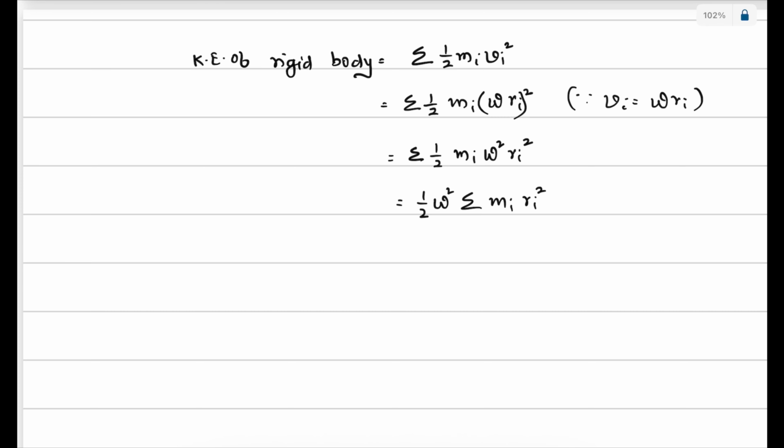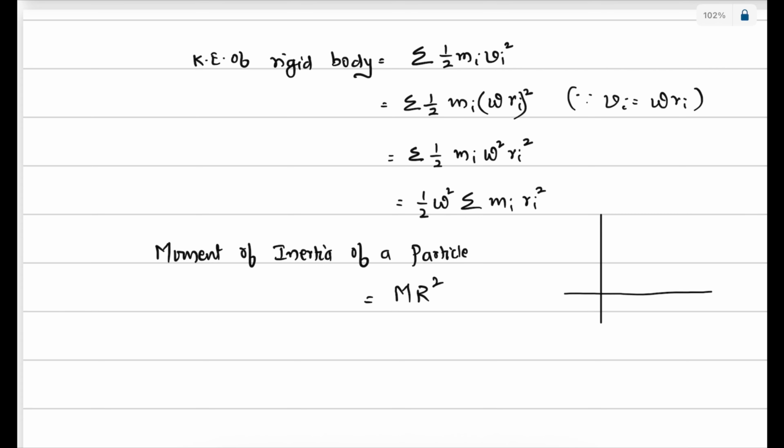From the definition of the moment of inertia, the moment of inertia of a particle is equal to the mass of the particle into the radial distance square of that particle from the origin, from where you are considering the reference.